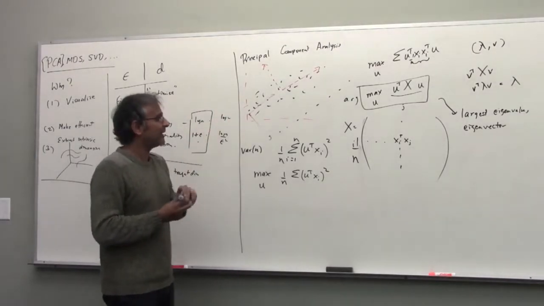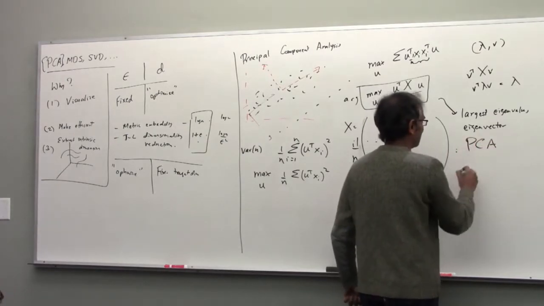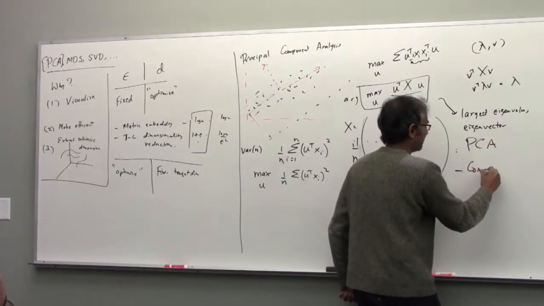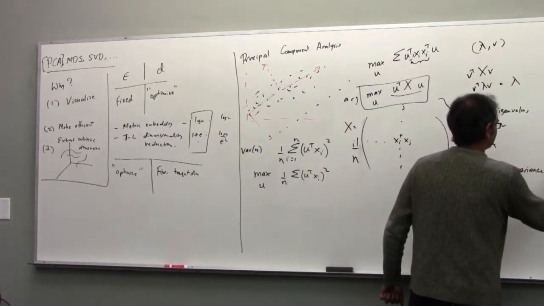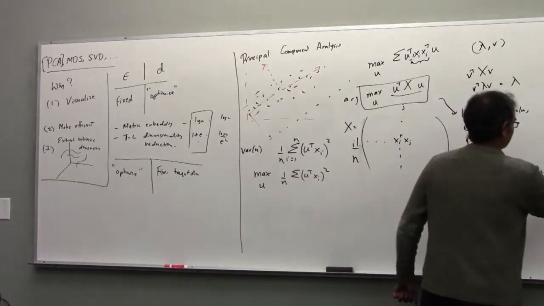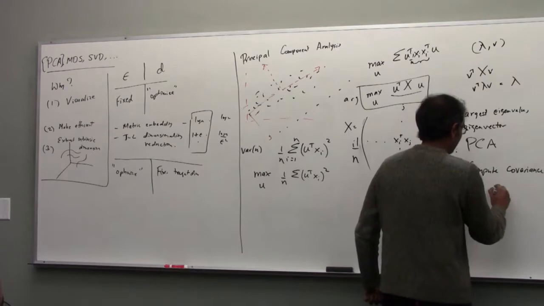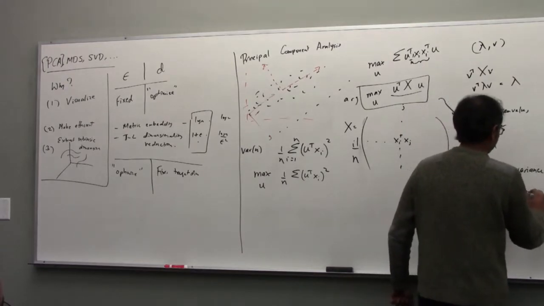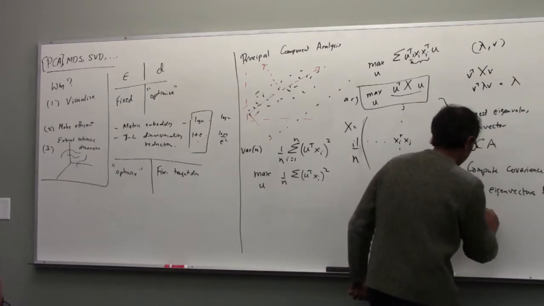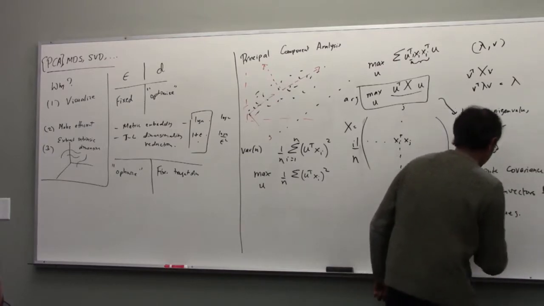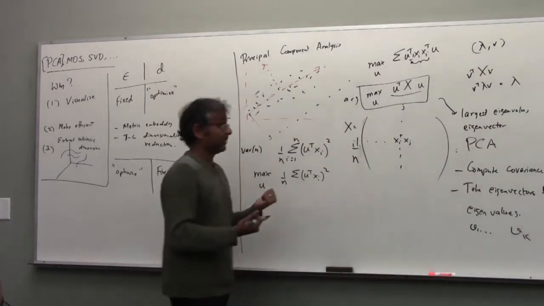So PCA basically boils down to computing the covariance matrix of X, and taking the eigenvectors for the top k eigenvalues, v1 up to vk.